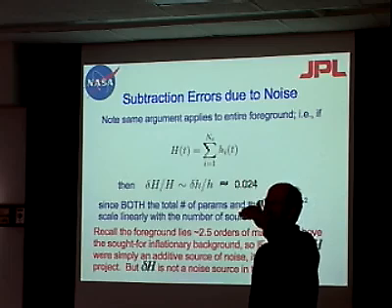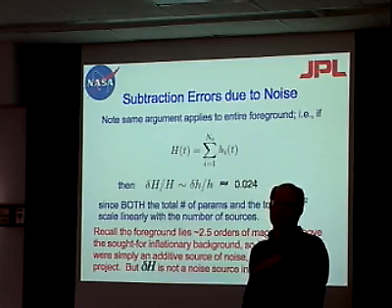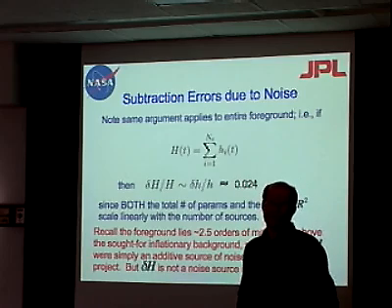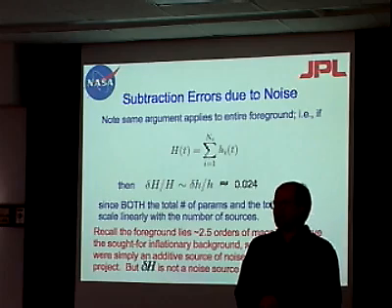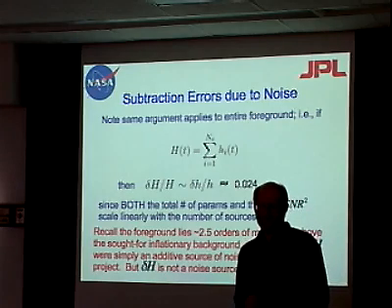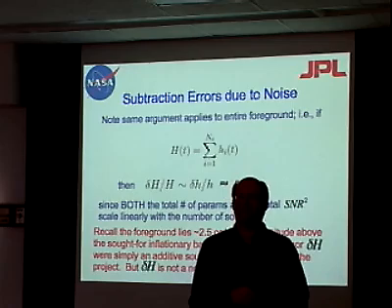Both the error and the signal scale the same way if you think of the whole foreground as a signal. So the error you make in the whole foreground is also about 2.5%.